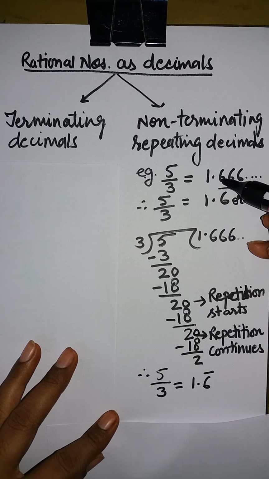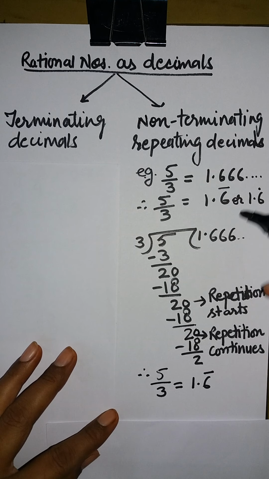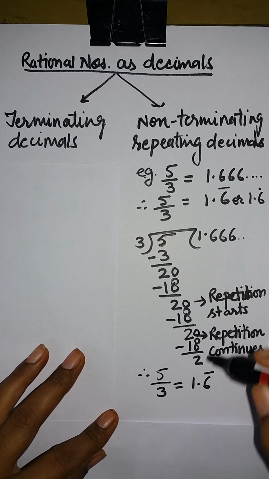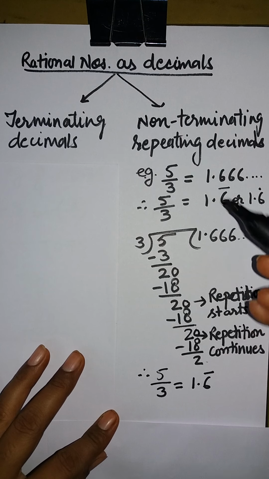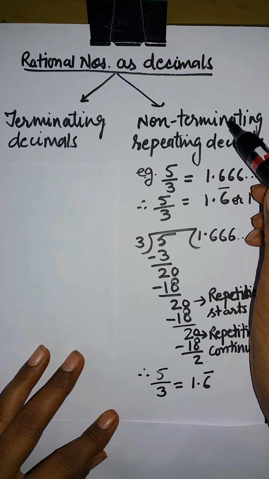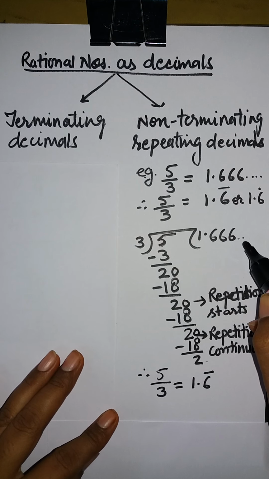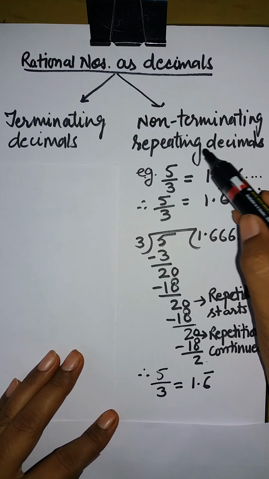We can represent this repetition of any digit by a bar or by a dot. So this kind of division which does not come to any end is non-terminating, and the repeating decimal part of it is called a repeating decimal.